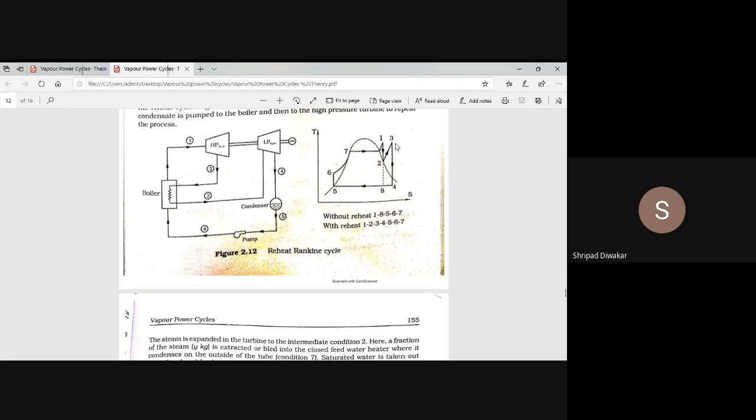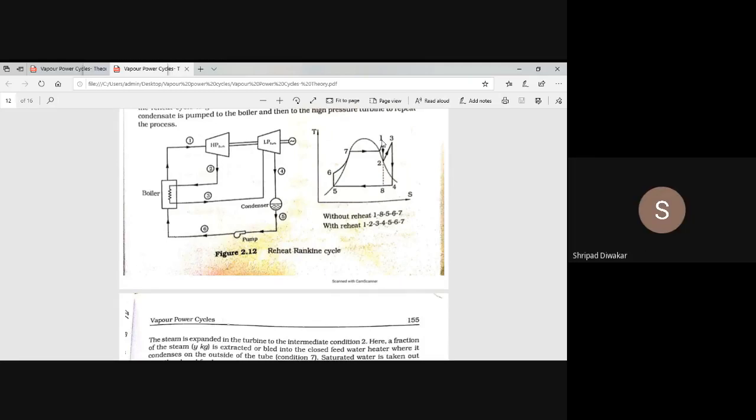So hence you have to represent point 1 a little bit above the saturation curve. Suppose you're having a horizontal line, don't show on that line, just take some distance and then mark that point as 1, because 1 is nothing but your condition of superheated steam. Any doubts?